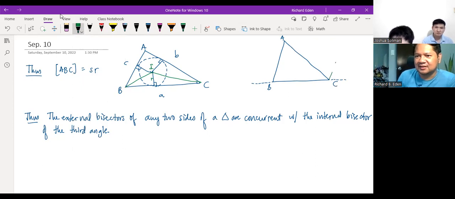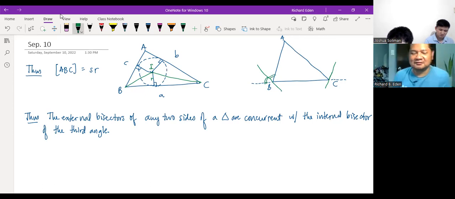Ito po yung excircle? Yes, doon tayo papunta sa excircle. Parang it sounds like excircle. So ito equal, tapos ito, wait, gamitan ko ng a different kind of marking. Ito, dalawa.